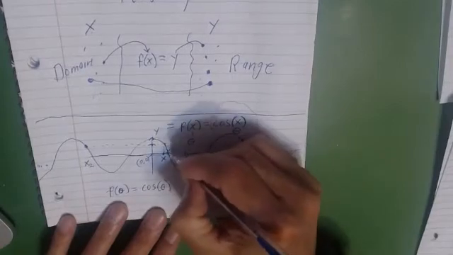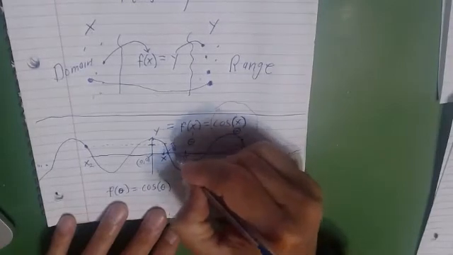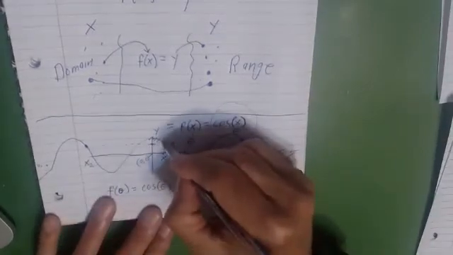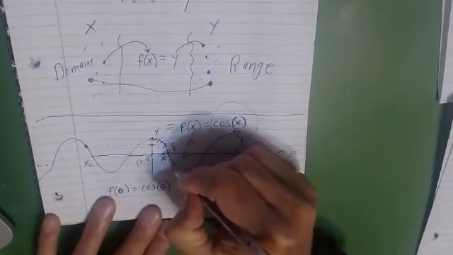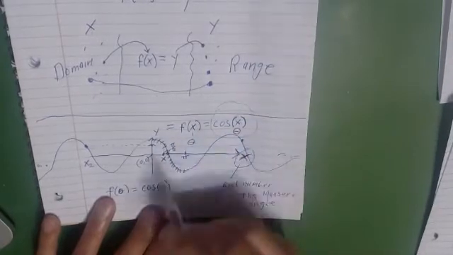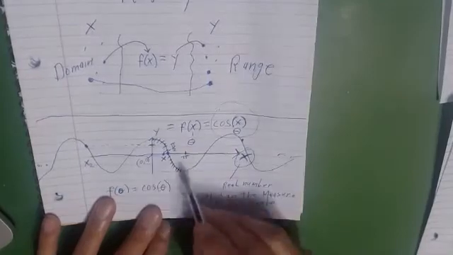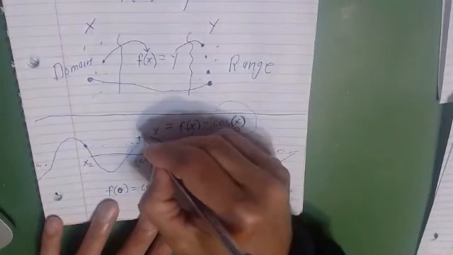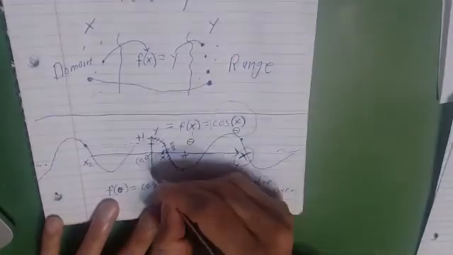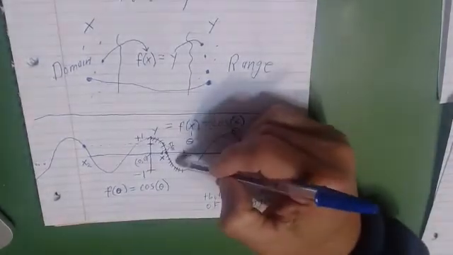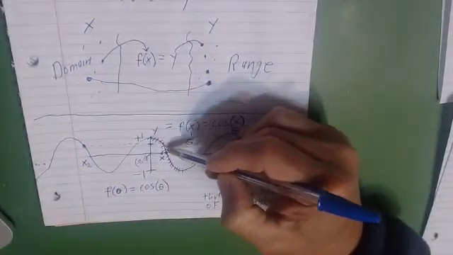So this is pi over 2 radians at that point. But we notice here, what are the values for cosine of x between 0 radians and pi radians? Well, they go from, this is +1, and this down here is -1. But what we see here is we've covered all the possible values.